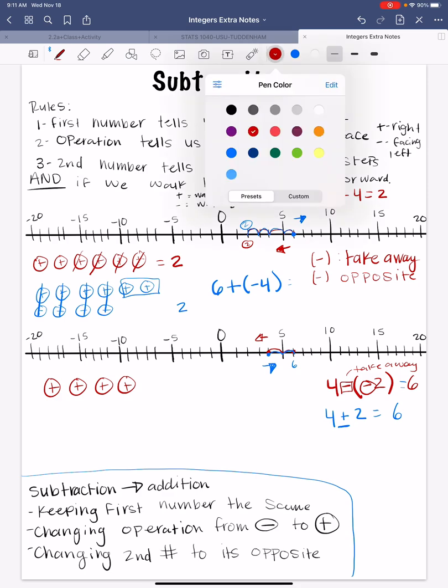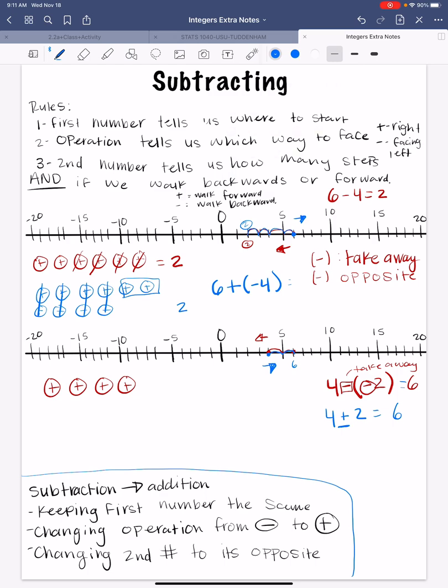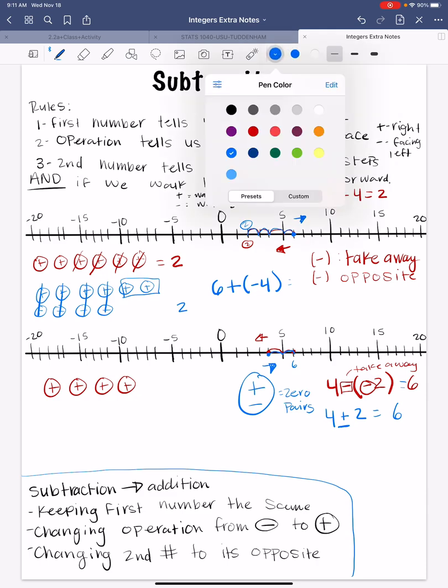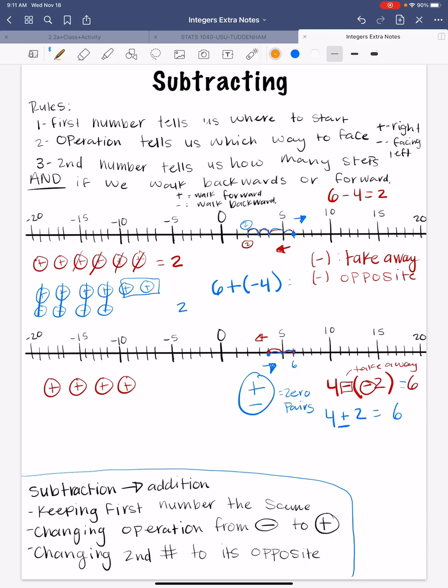So I'm going to add some 0 pairs. Because remember, a 0 pair is 1 positive and 1 negative, and they equal 0 because they cancel each other out. So I'm going to add just a few 0 pairs. I'm going to change color so you can see the ones I add. And you can add as many 0 pairs as you want. It goes on and on.